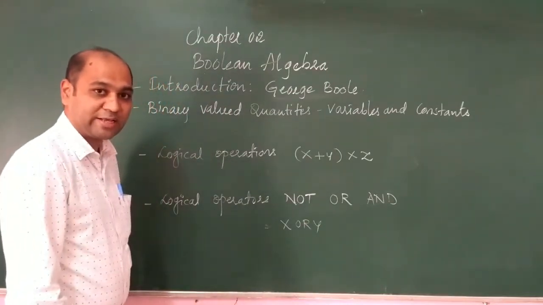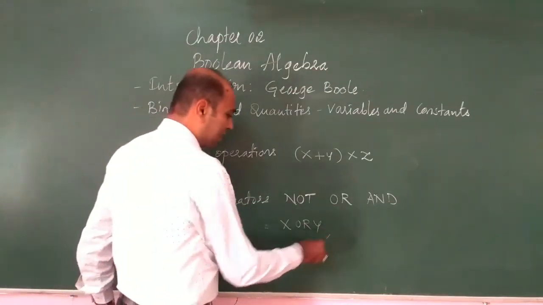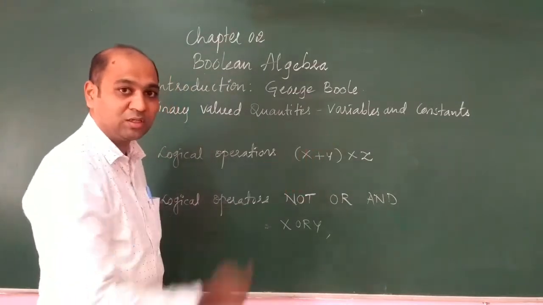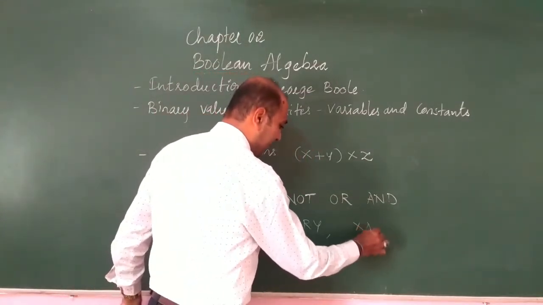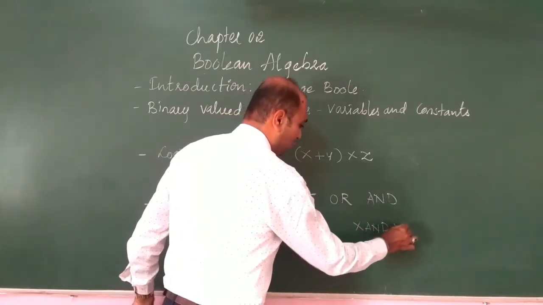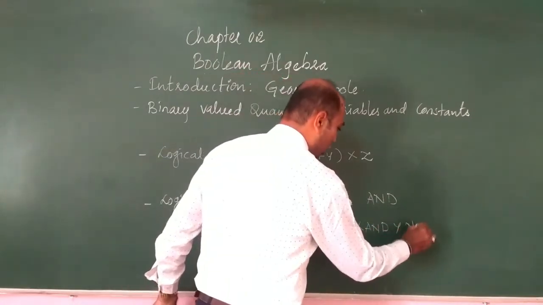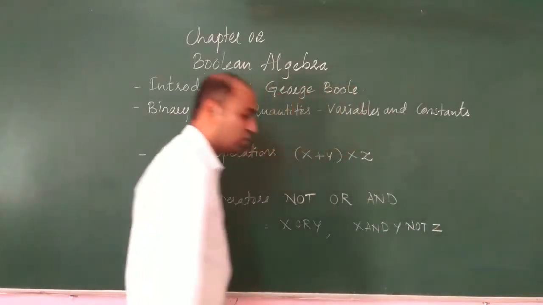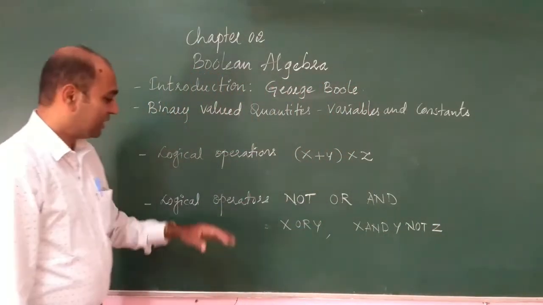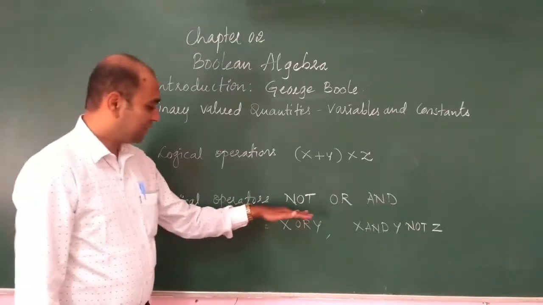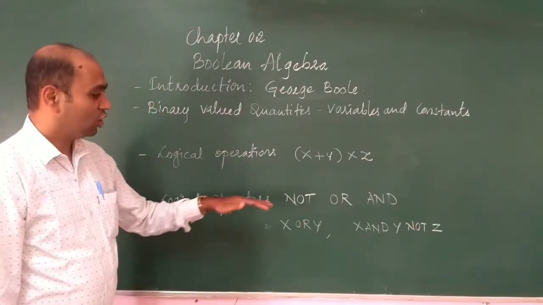Okay, so this is one expression. You can take one more expression that uses all three logical operators. For example, I write x and y, I write not z. We can write something like this. Correct? Okay.